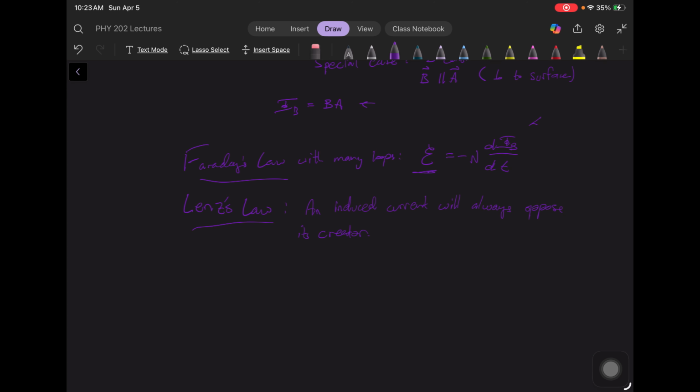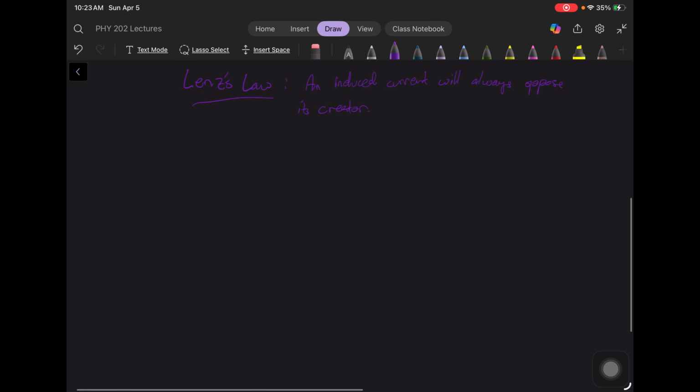Yeah, and so let's start with an example or a little situation. We have a magnetic field, right? This would be going into the board. Okay, and give that a nice little label.